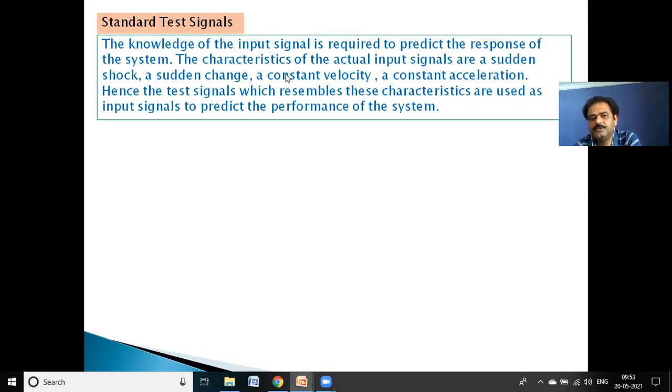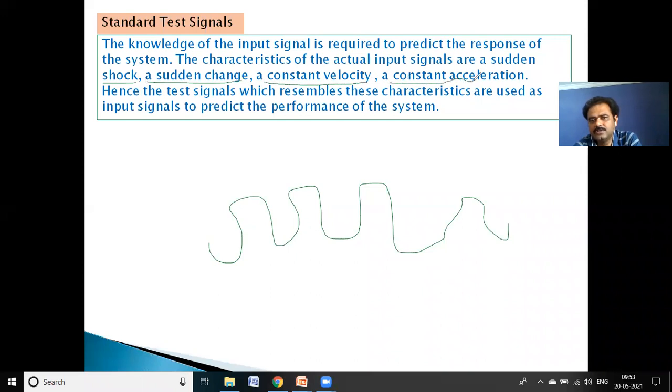Generally, inputs are a combination of these things. Any practical input may be something like this, a combination of a sudden shock or sudden change, some constant velocity or some constant acceleration.